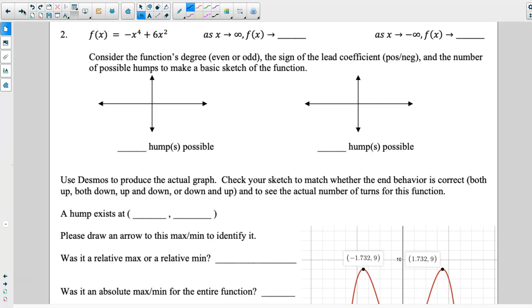All right, number 2. We have a function. It's talking about end behavior, and I want you to try to answer that first part again. So this is reviewing 2.3, 2.2, and part of 2.4. So try to answer that.